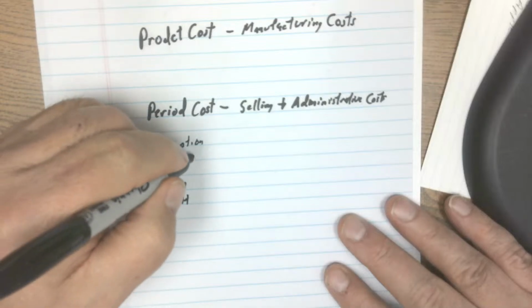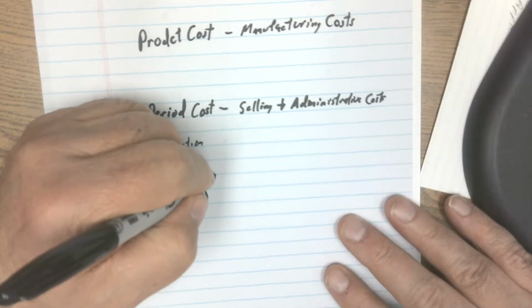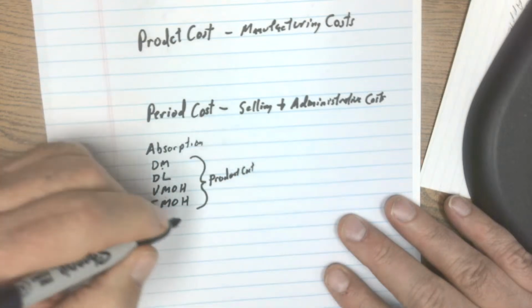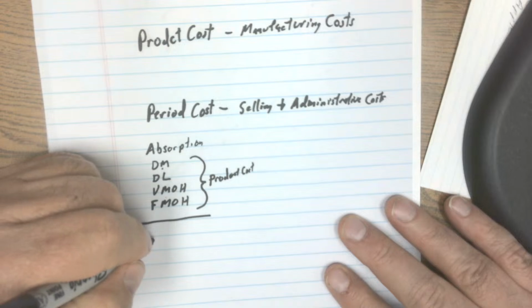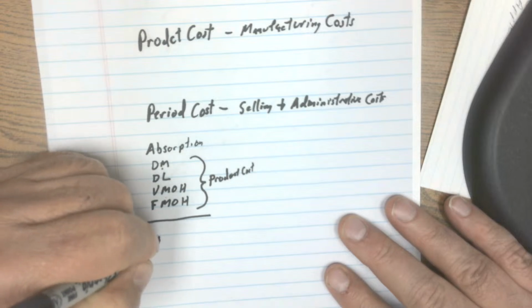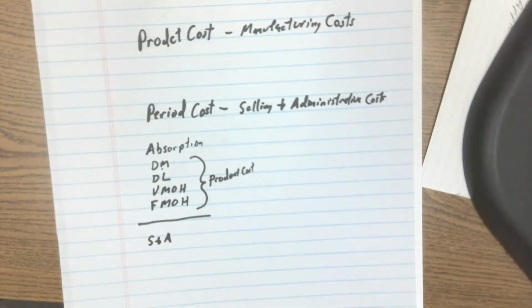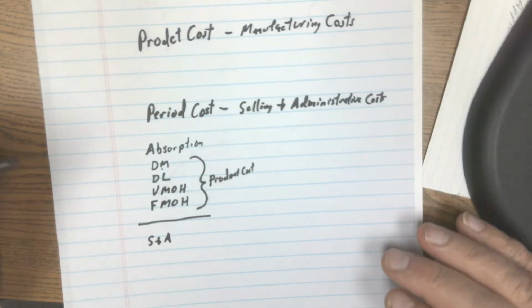And this is all product cost. And then we're going to have our selling and administrative costs down here. Now, some selling costs are actually variable, like a sales commission, right? Even though it's variable and it changes with the volume sold, it's still considered a period cost. So product does not mean variable and period does not mean fixed, that sort of thing.